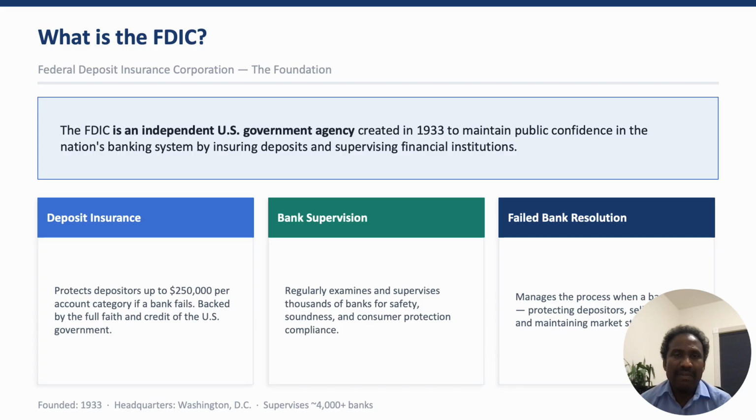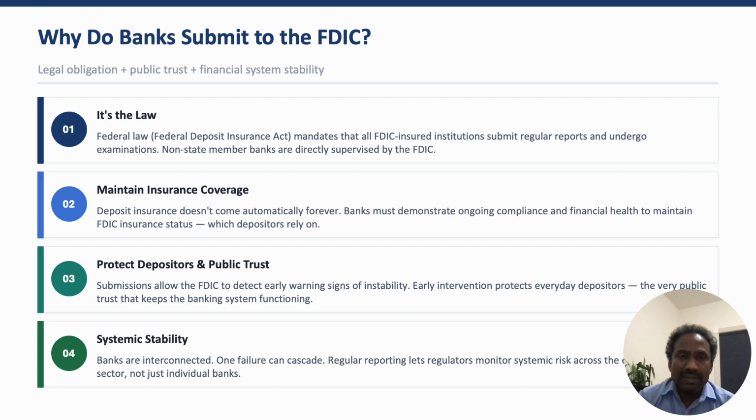If you open a simple checking account, then automatically your account is covered by FDIC. You don't need to specifically request that your account be tagged in FDIC. That's the default process. Okay, so we'll go to the next slide.